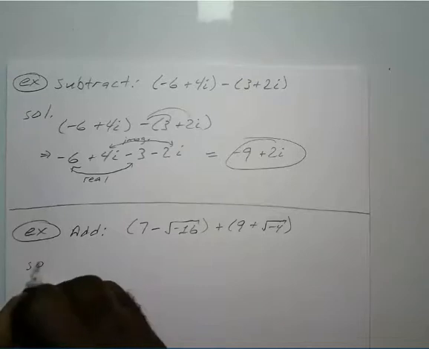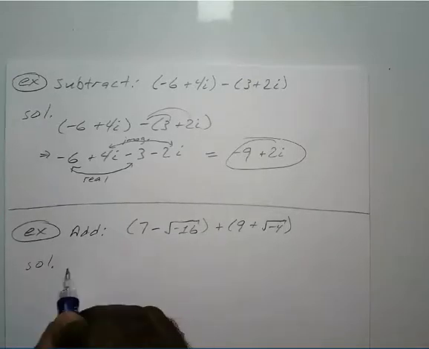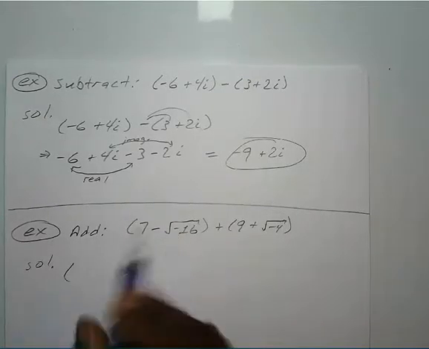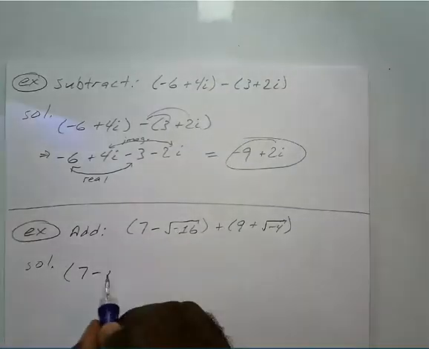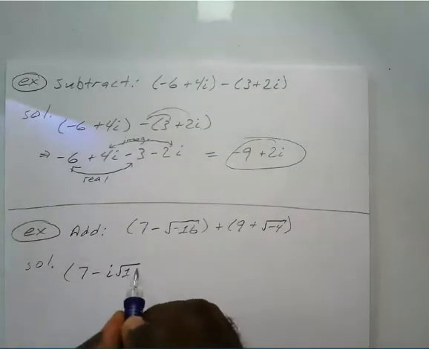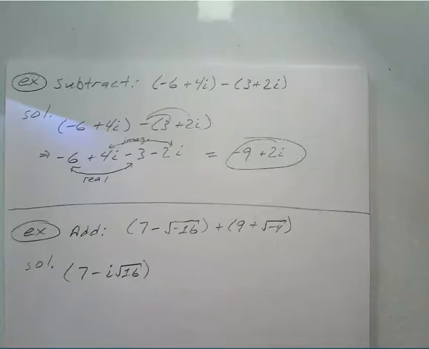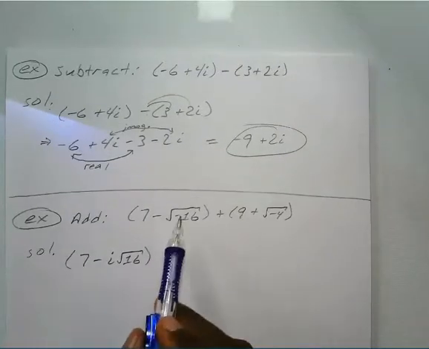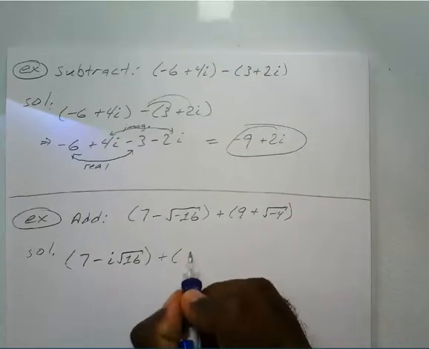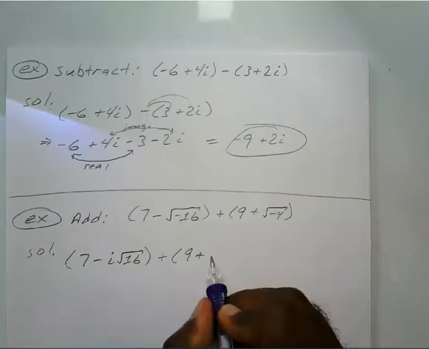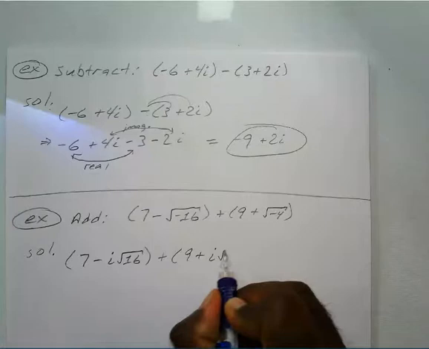If you remember, for the square root of negative 16, we can make that 7 minus i times the square root of 16. Remember that negative inside, we just pull it out and make it i. Plus 9 plus i times the square root of 4.